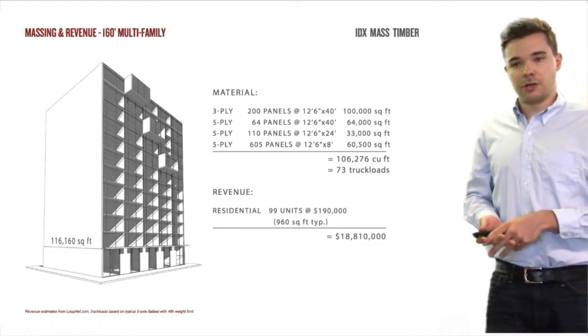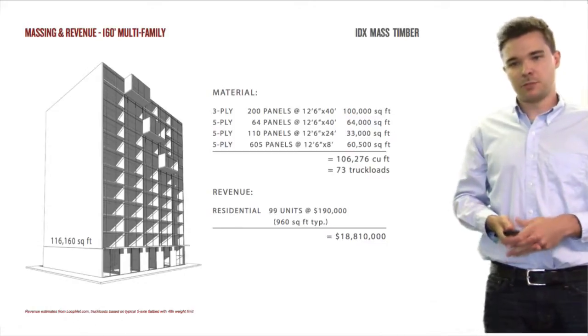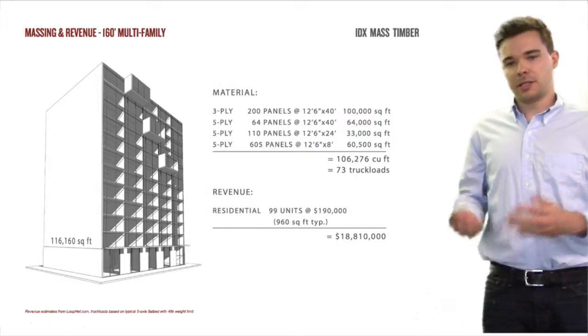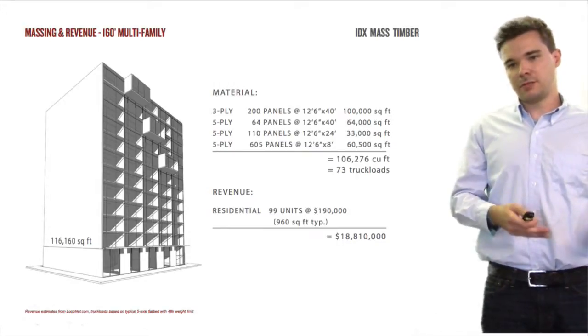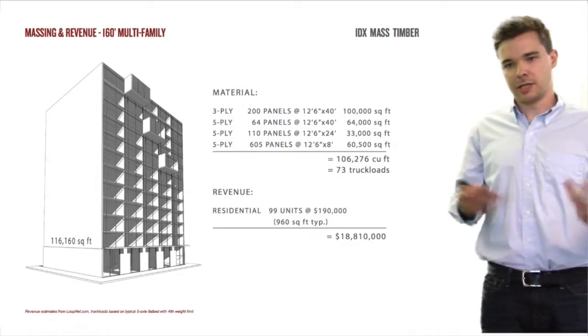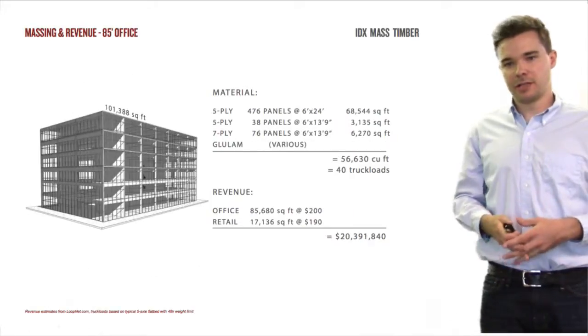You may have noticed that the wood demand for this building is smaller than the other two residential buildings, even though it is a taller building. But this structure has a significantly smaller floor plan than most of the other buildings, and that's where it kind of breaks from the pattern.